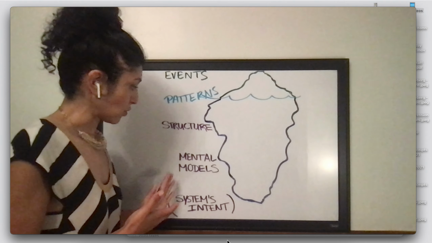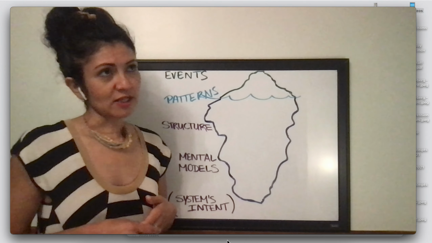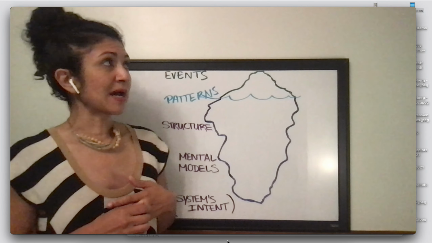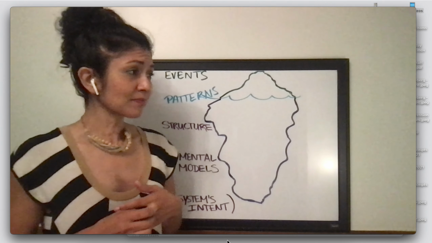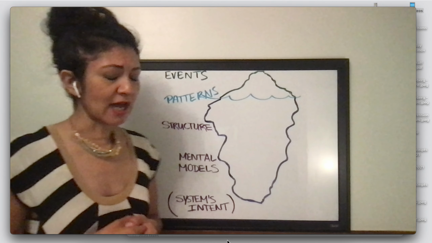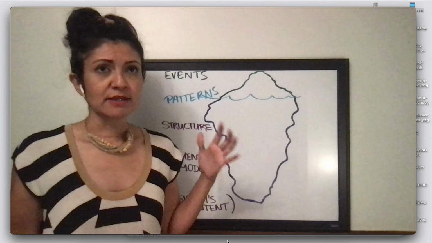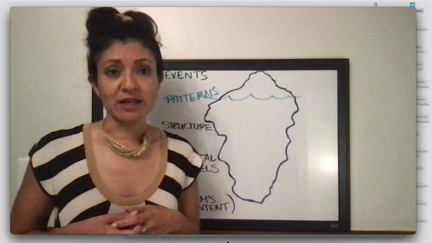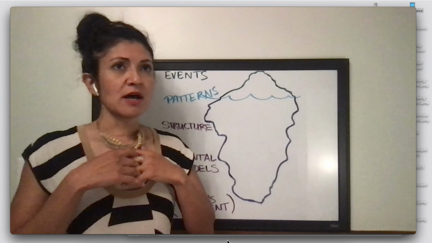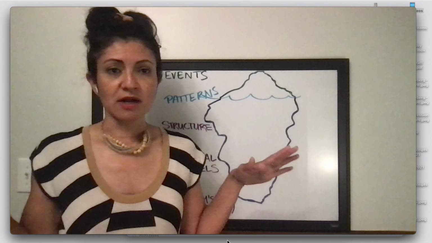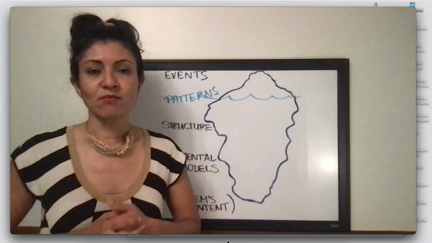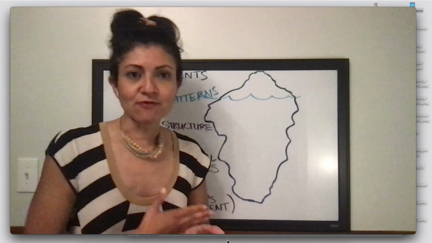So for example, another mental model is, my boss for many years, one of his beliefs was that his family time, his time with his wife, was the most important thing, that you need to have regular time with your spouse, date night every week.